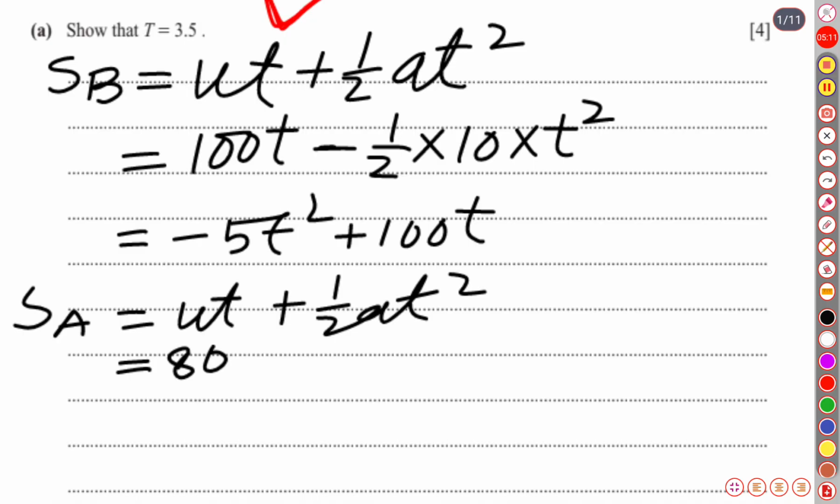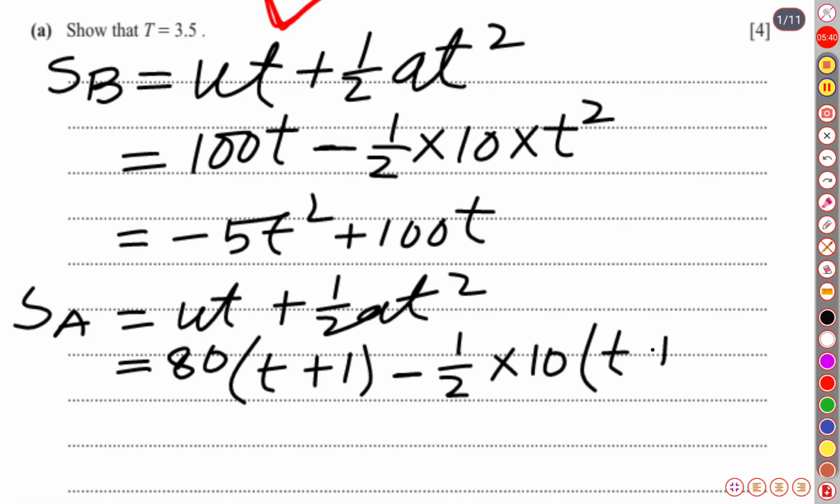Yes, then it is going to be t plus 1 second more for particle A, and it is again negative because acceleration due to gravity is acting downward, whereas the particle was projected upward, so the directions are opposite to each other. Then it is going to be negative half into 10, and time we have already described that it took 1 second more, t plus 1 whole square.